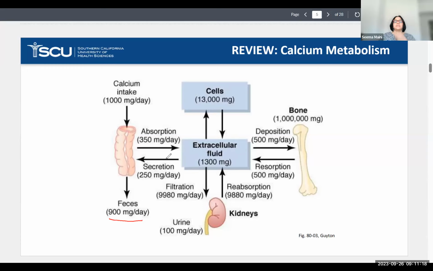In total, there is a net absorption of 100 milligram of calcium from the gastrointestinal tract. And that same 100 milligram we have gained from the GIT, we are losing from the kidneys.